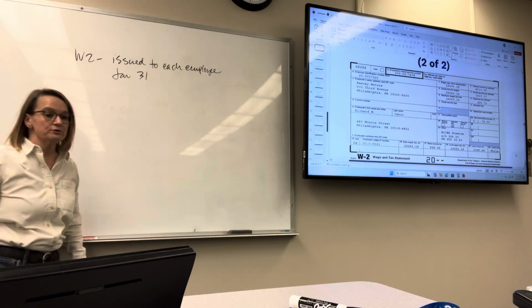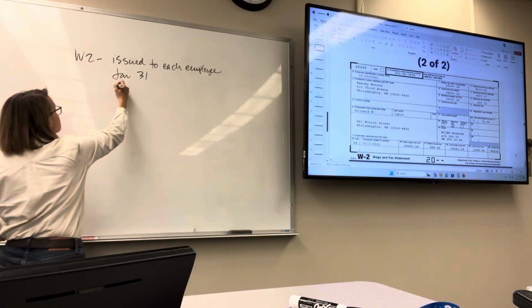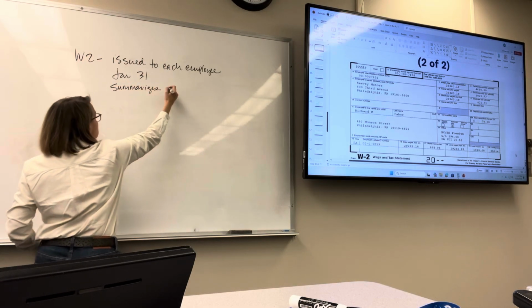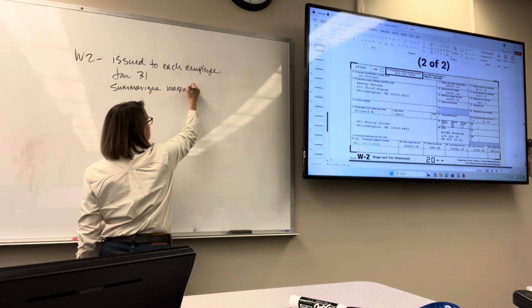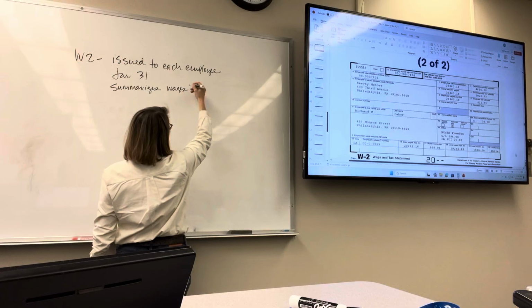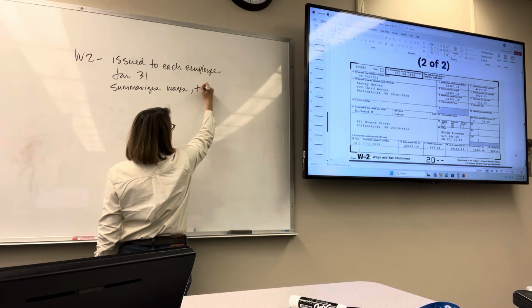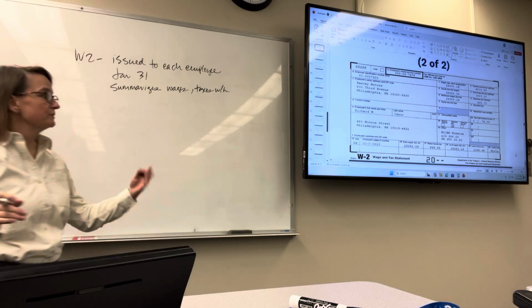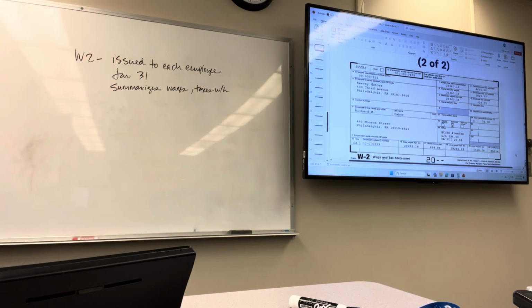It summarizes wages, also tips, bonuses, commissions, all of that would be wrapped up in there. I'm just going to say wages and taxes withheld, so that the employee can then prepare their tax return at the end of the year.